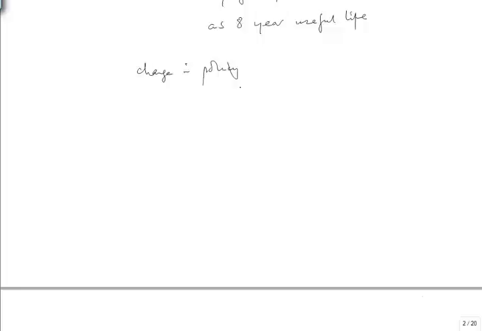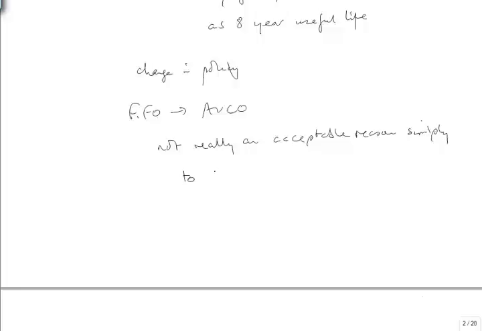A change in policy, change from FIFO to AVCO would be a change in policy, and it's not really an acceptable reason. It's simply to bring in line, is that the expression, by adopting, to adopt the same as competitors.